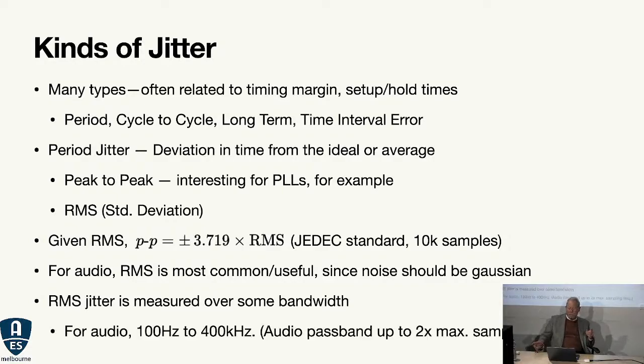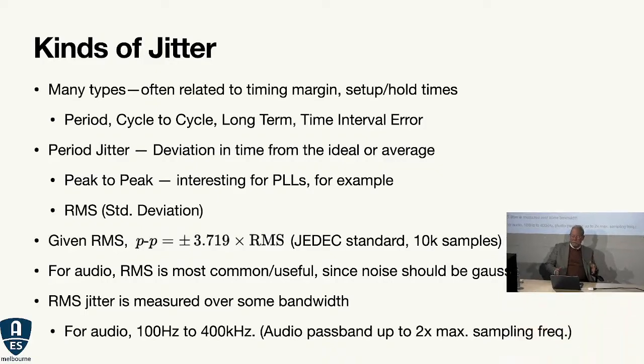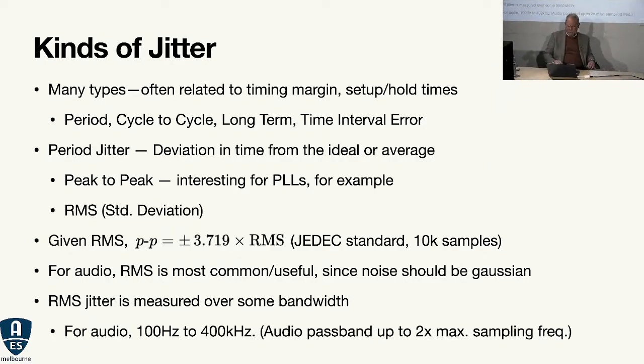A typical bandwidth would be 100 hertz to 400 kilohertz, where it's the audio passband up to twice the sampling frequency. I'll talk a little bit later about why you would pick those numbers. You'll find data sheets that use different numbers. You can make your jitter look better on paper by picking a different bandwidth, but this one gives you a pretty good idea of what your system's doing.